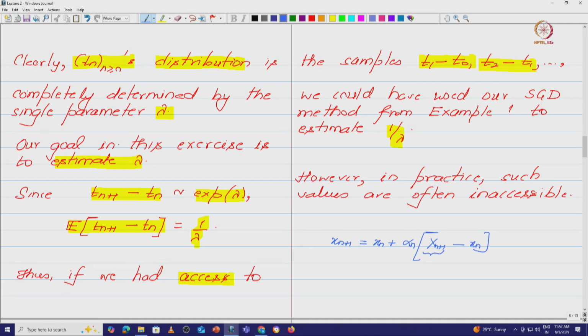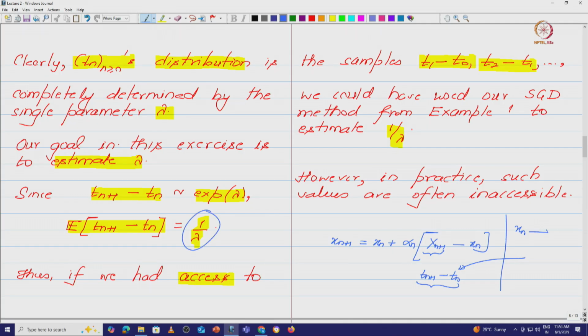This is the sample of interest, and in this case I will replace it by Tn plus 1 minus Tn. One can then show that this algorithm will converge to the mean of this quantity, and the mean of this quantity we know is 1 over lambda.